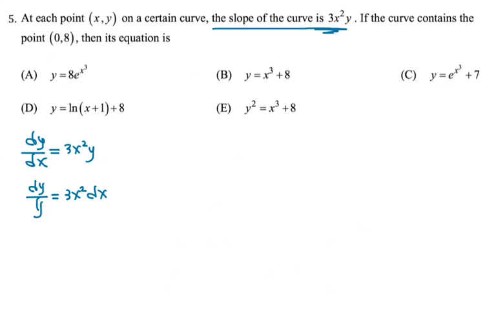Let's integrate both sides. Then we get ln of y must be equal to x cubed plus c. Now, the point which we have to plug in is 0, 8. So when I plug in 0 and 8 here, ln of 8 is equal to 0 plus c. Then you can see that c must be equal to ln of 8.